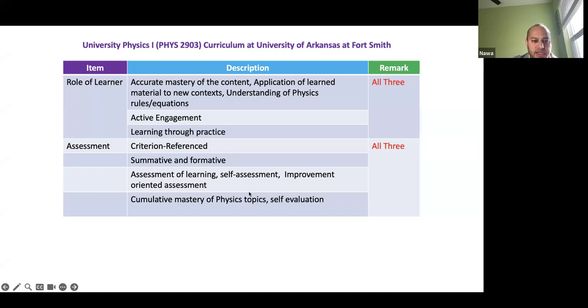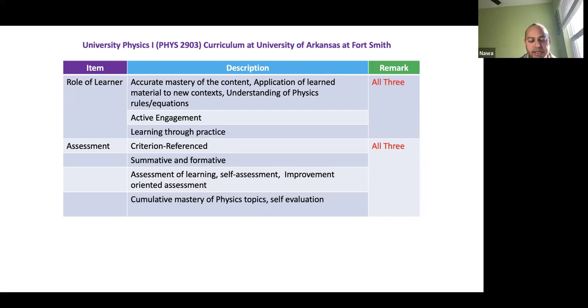And for the assessment, I use criterion reference, which is backward design. I use both summative and formative, because the summative are the tests and the formative are the discussions. I assign 5 or 10% to their class activities: how much they involve themselves in the class, how much they take part in the discussions, how much they solve in the class.